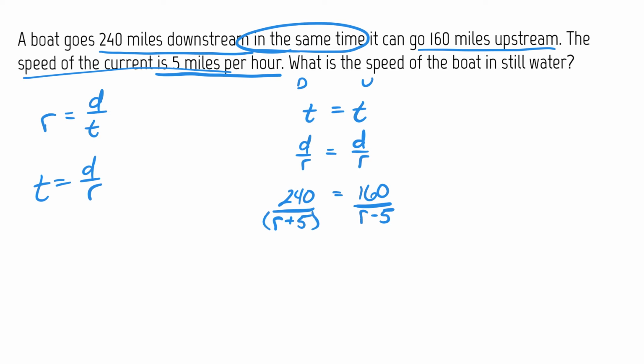Drop those parentheses. When we cross multiply, is that 1200?